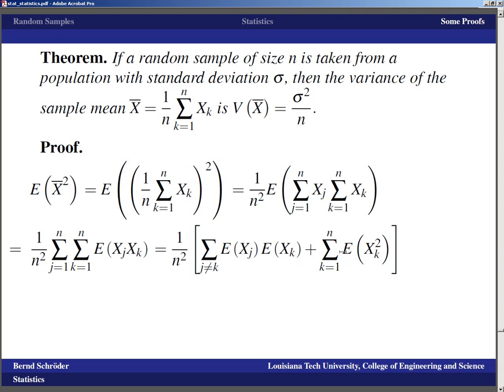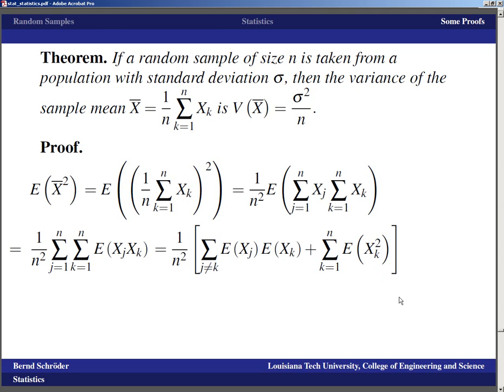And we have to split them up in such a way because xj and xk, when j is not equal to k, they're independent, which means the expected value of the product really is the product of the expected values. But xk is not independent of itself. And because a measurement is never independent of itself, we have to work with e of xk squared here, right?